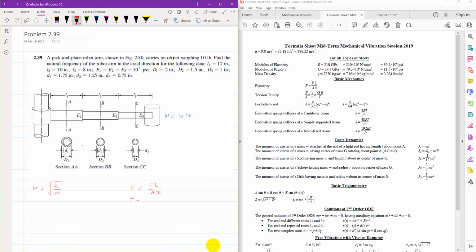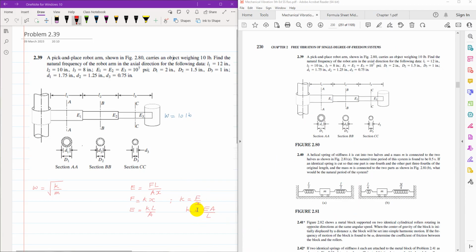From Hooke's law, F is equal to Kx, or K is equal to F over x, and from here E is KL over A, and you have the stiffness formula as EA over L. So first, the stiffness of each section of the arm needs to be calculated, and that is EA over L.